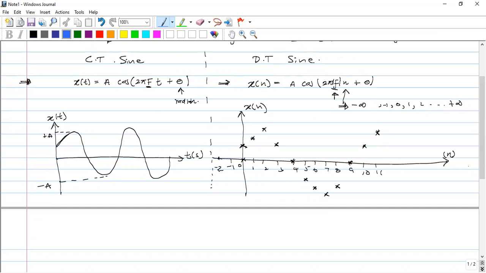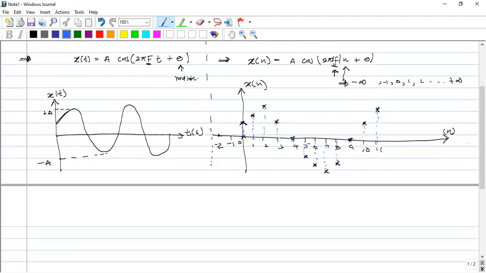This is the voltage value corresponding to 0, this is the voltage value corresponding to 1, this is for 2, this is for 3, this is for 4, this is for 5, for 6, for 7, for 8, for 9, for 10, and this is for 11. So we will get the discrete version like this.